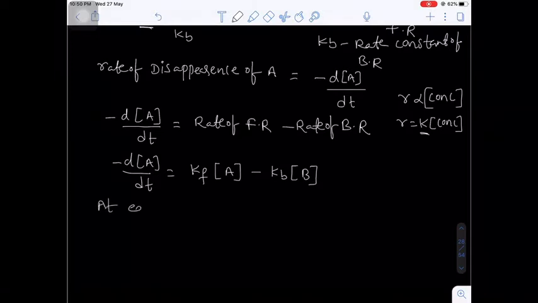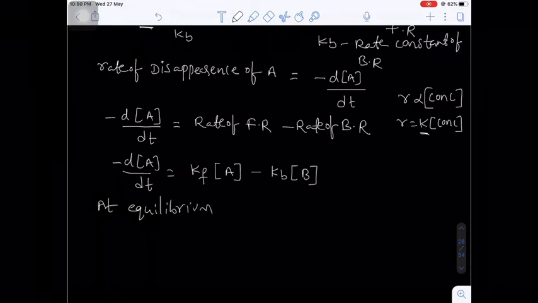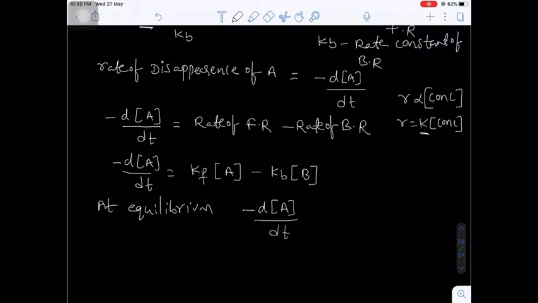Now we know at equilibrium there is no change in the concentration of species.